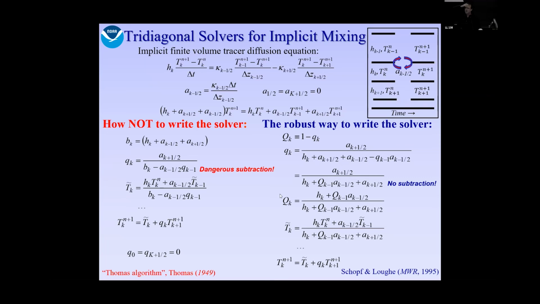So if you want to look at the Schopf and Loughe analysis in their Monthly Weather Review paper, it goes through exactly this problem, beautifully crystal clear. But this is just one example of the ways that we, in MOM6, go back and look very carefully at the discretizations to try to figure out, are there better ways we can work, taking into account that we're dealing with discrete math, not continuous math, to try to get algorithms that give the right physical answers in all parts of parameter space.